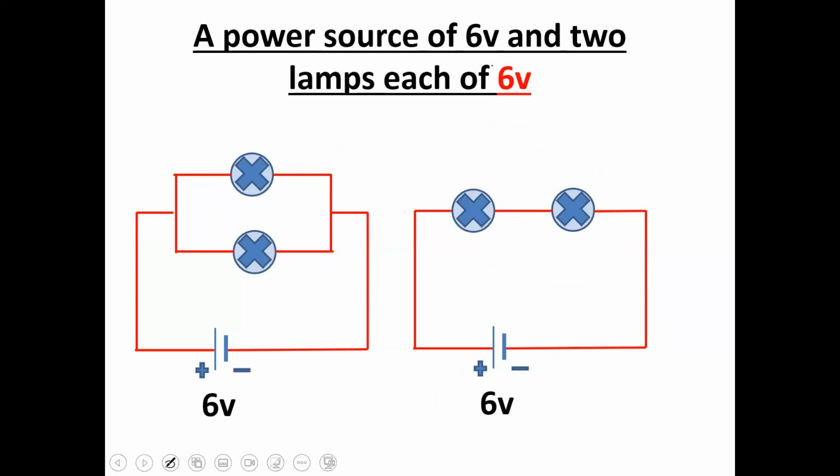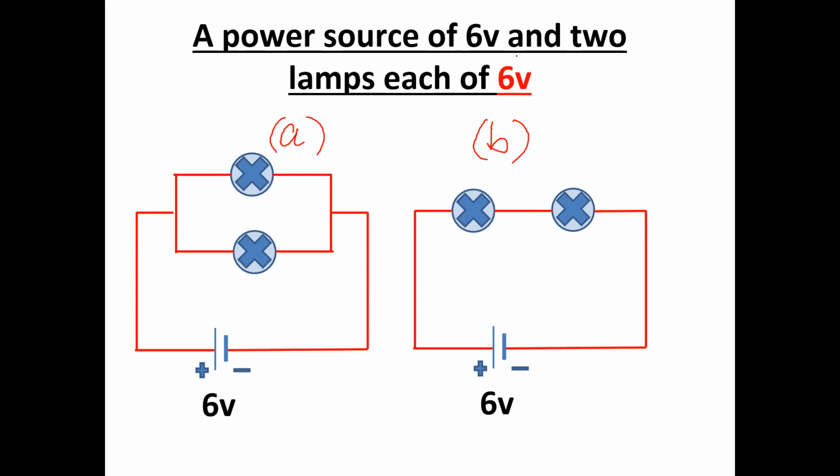If you have a battery of 6 volt and a lamp of 6 volt, the situation would be better, and they both will get the same voltage that is needed. So if you have a bigger source and little devices, series is better.